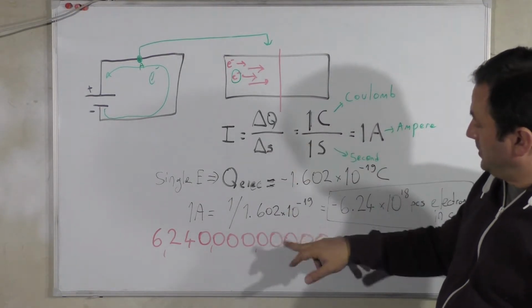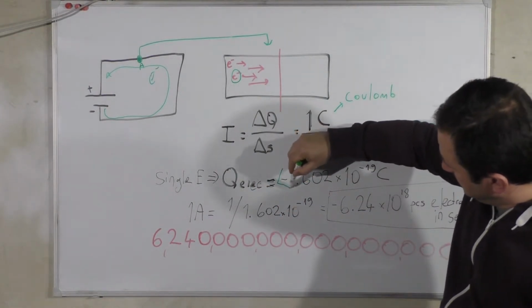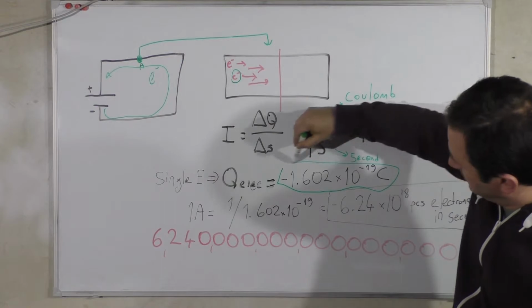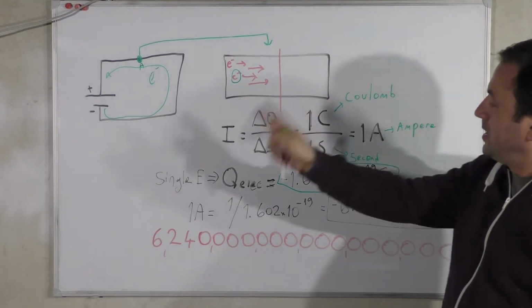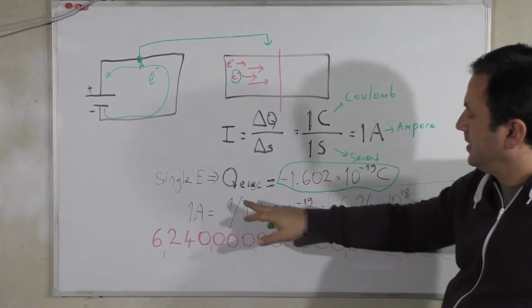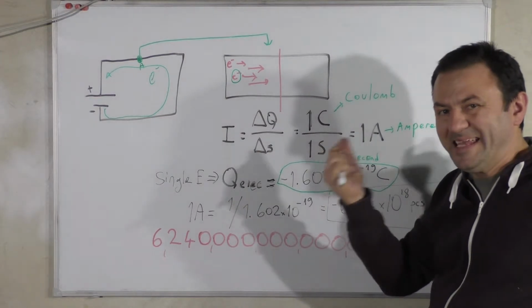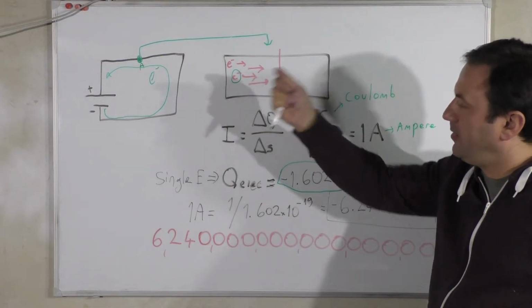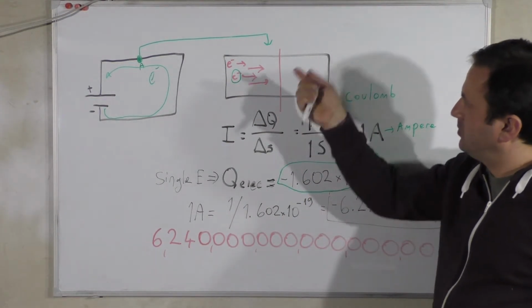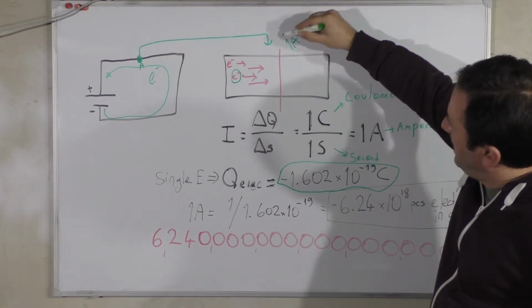So if we put that in the equation, for 1 amp we must divide, because we want to find how many single electrons pass through if current is 1 amp.